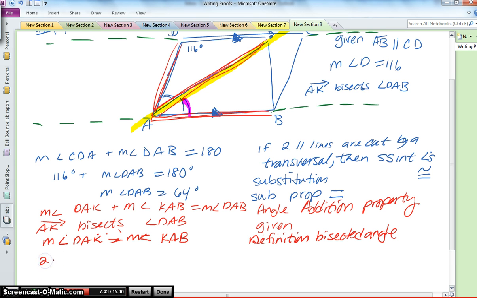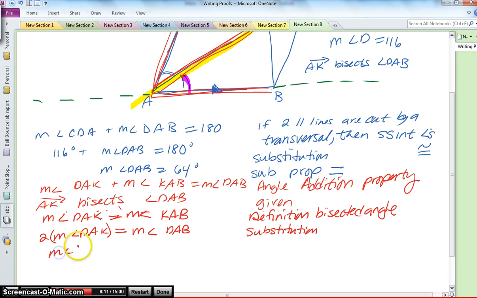So now 2 times the measure of angle DAK equals the measure of angle DAB. Now take a look at all these angle measures and make sure you know which ones we're referring to. And that's by substitution. So 2 times the measure of angle DAK equals 64.